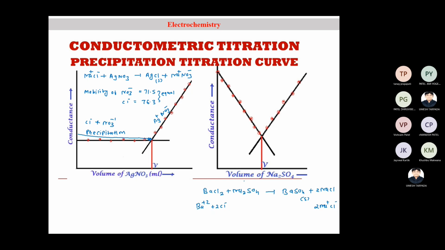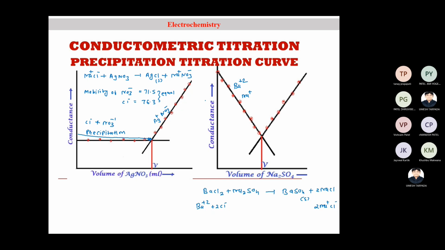One Ba2+ consumes 2Na+. So ultimately, highly conducting, highly mobile ions. Mobility of Ba2+ is higher than that of Na+.